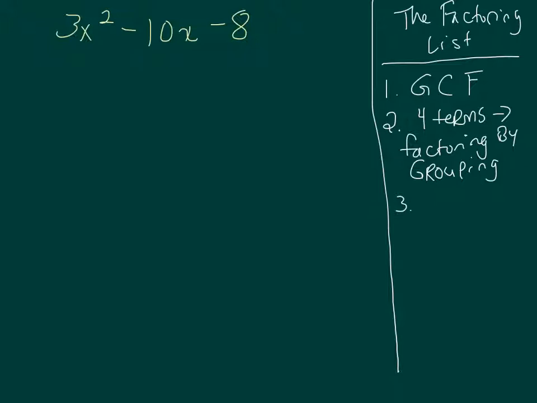If I have a trinomial, and it's of the form x squared plus bx plus c, where there's no number in front of x squared, or the coefficient of x squared is 1, then I can try to write x and x in parentheses and fill in the blanks.